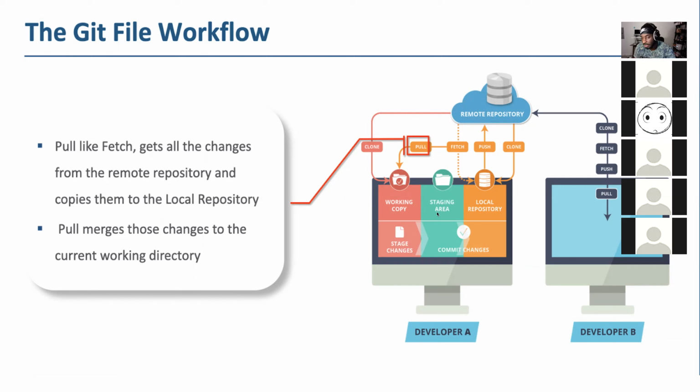Once it's staged, there are two things you can do. You can either move it back to your working directory by resetting the head, or you can commit it. Once you commit it, it moves from your staging area to your local repository. And then this is where you push it to your remote repository. So that's basically the flow of Git, if you will.